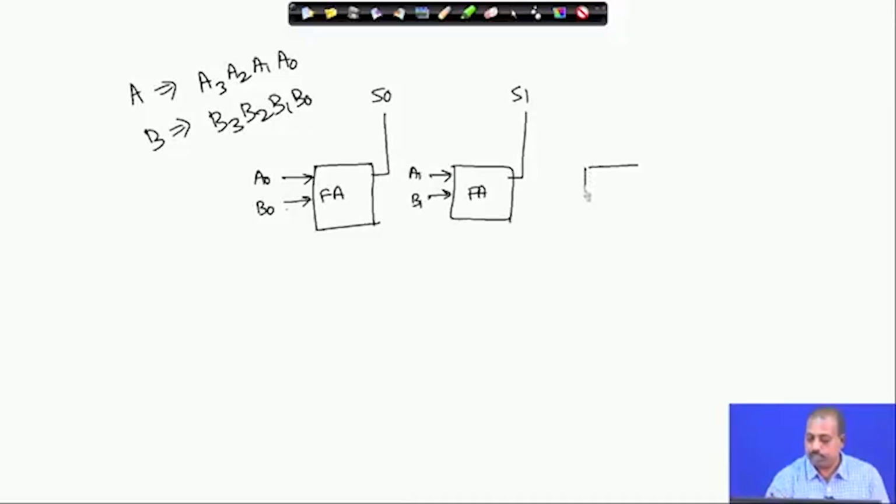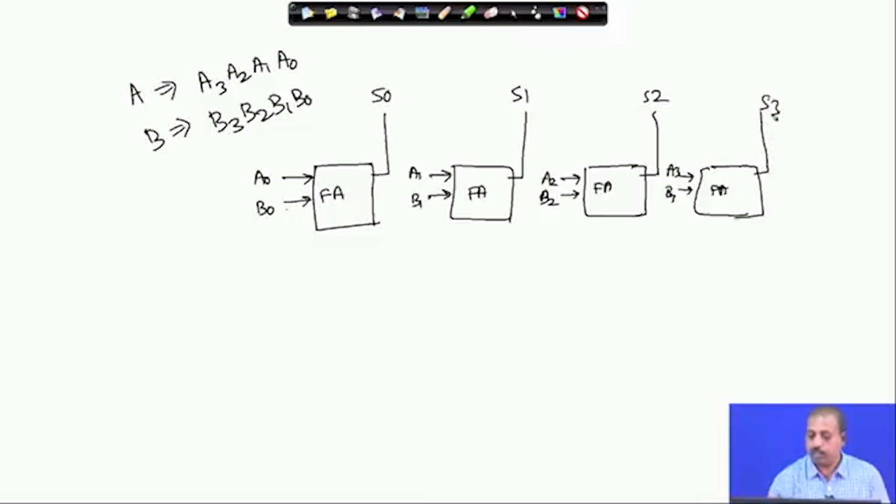The next stage can add A2 and B2, and produce the output S2, and finally I can have A3 and B3 going there and producing the output S3.